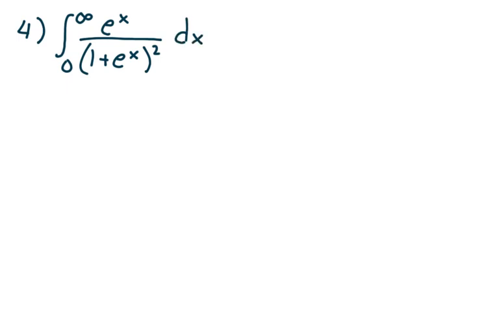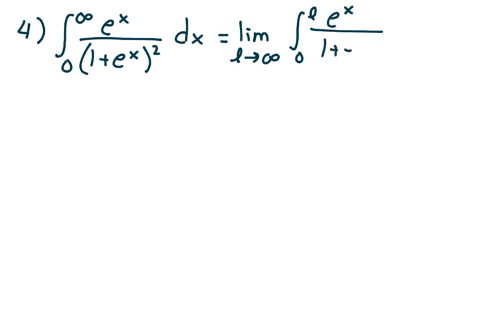Okay? Now, just like before, I'm going to write this as the limit as L goes to infinity of the integral from 0 to L of e to the x over 1 plus e to the x raised to the second power dx.